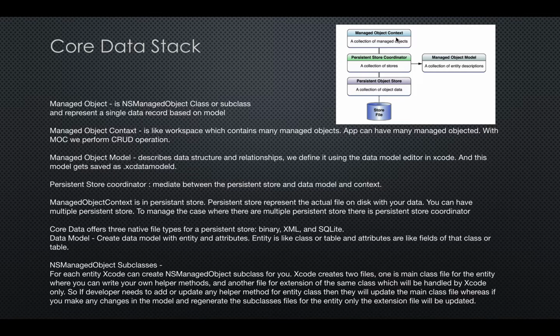A managed object, NSManagedObject class or subclass, represents a single data record based on the model. And what is the managed object context? It is a collection of managed objects. I'll just say MOC, managed object context.